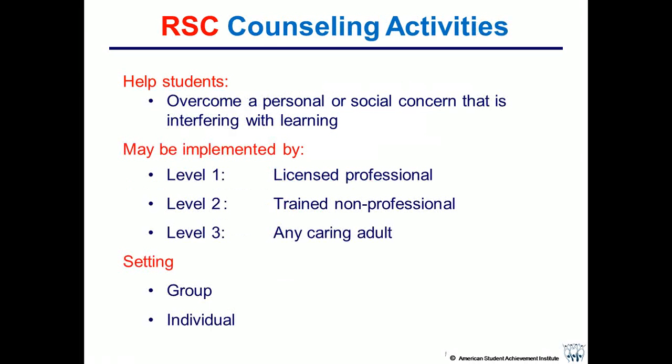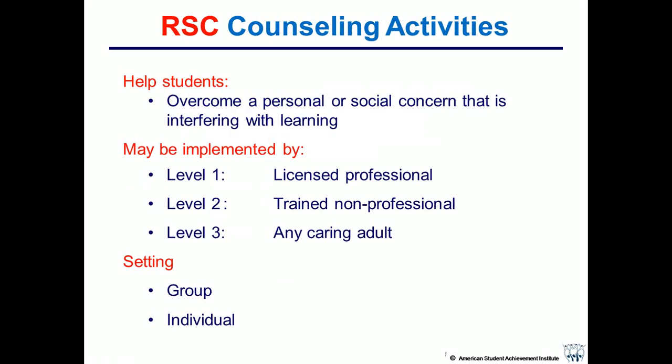Okay, then we're reviewing counseling activities, reminding people again that Level 1 counseling activities, which are activities where professionals are using counseling techniques, are limited to a licensed professional. But there are other things that are educational based that a trained non-professional, like a community mentor or a peer helper in a school, can do.